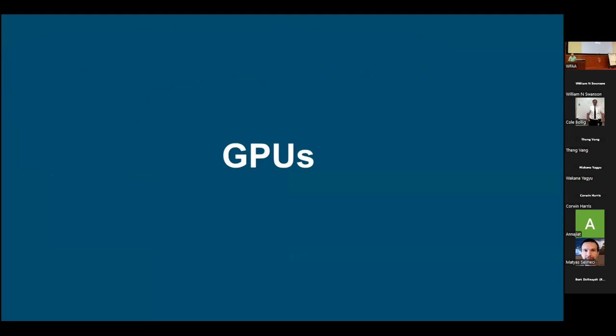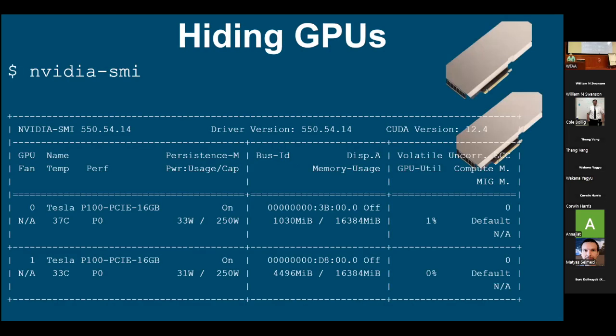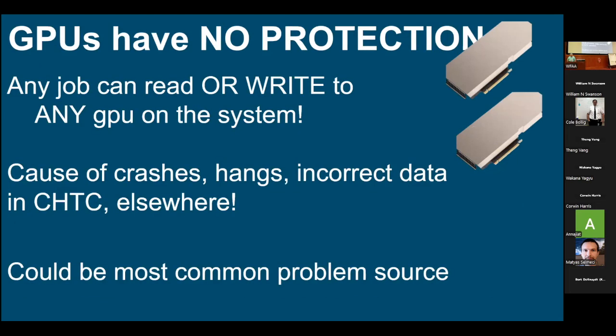I wanted to quickly talk about GPUs and these little feral chaos monkeys. One of the biggest problems we have using GPUs in CHTC is that they have absolutely no protection whatsoever. So any job can overwrite data in the memory of any other GPUs, even if it hasn't been granted permission to do this.